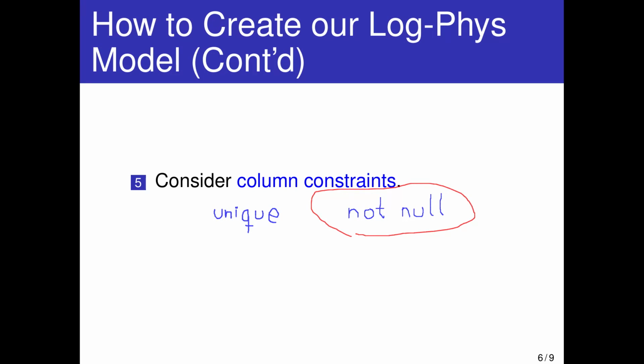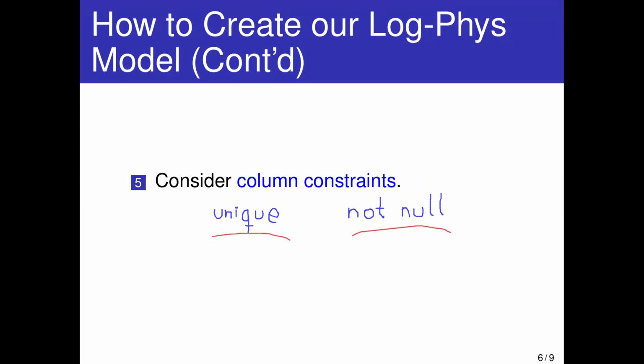We created new tables for those. Not null means that we have cardinality 1. If we allow nulls, then we have 0 to 1, but if we specify not null, that's not allowed. So we only consider these two types of column constraints.